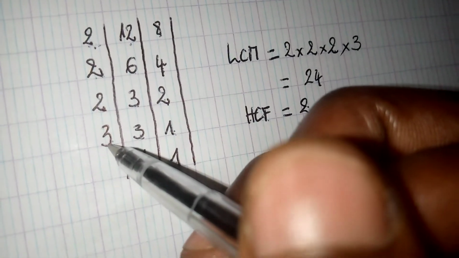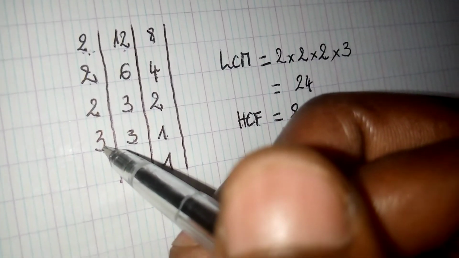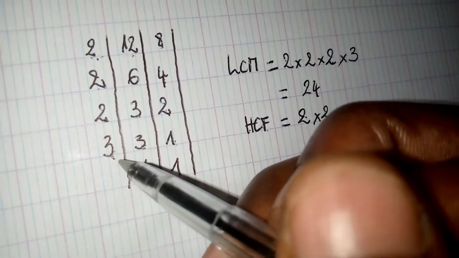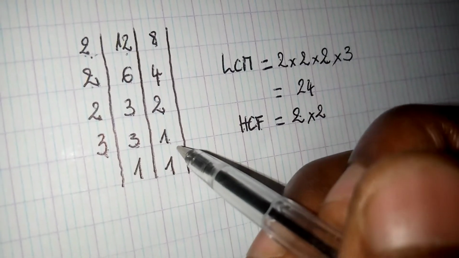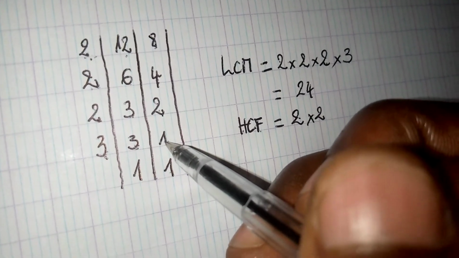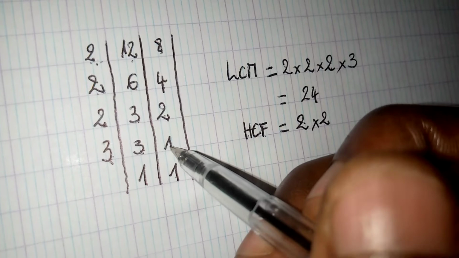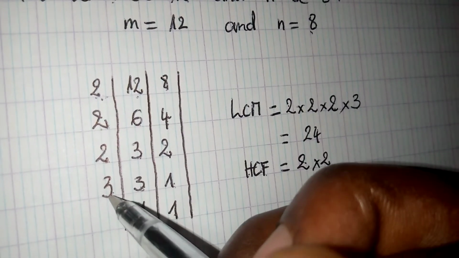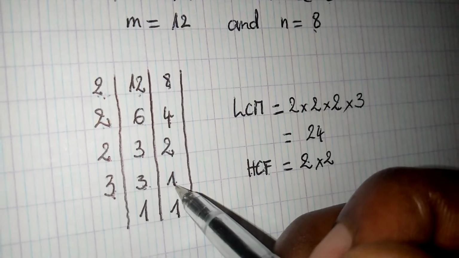The same case for 3. Here 3 has divided this 3 and we've got 1, but it has not divided this 1 because we have copied this 1 here. So this 3 was not common.